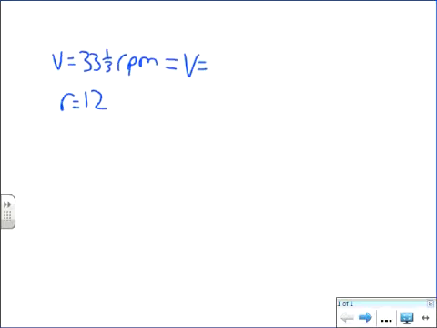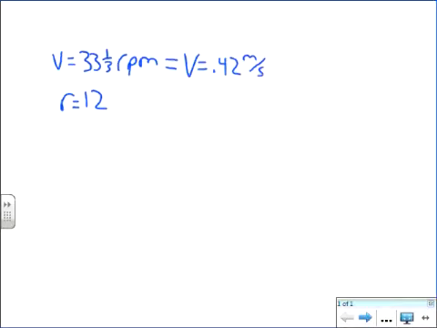Alright, so for the turntable experiment, we start out with three speeds in terms of RPM. The first one had a speed of 33 1/3 RPM. Once we converted that to meters per second, using the radius, we calculated our velocity to be 0.42 meters per second.